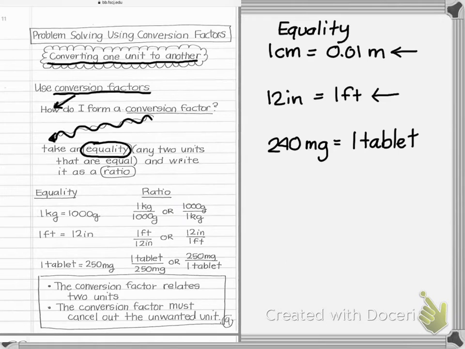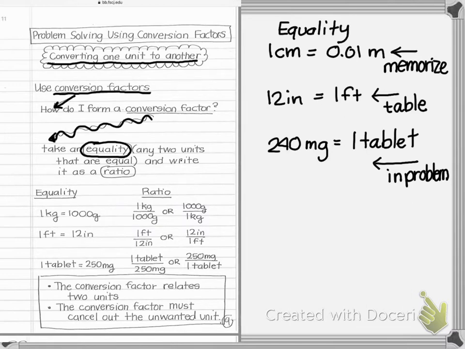So this one is one of the ones that I've asked you to memorize. So that may be how you find an equality, is because you've learned it. This one you might have in a table, so you would be given it. And then sometimes it will just be given to you in the problem. They'll tell you that there are 2 things that are equal to each other, and you'll have to use that to figure out your conversion factor.